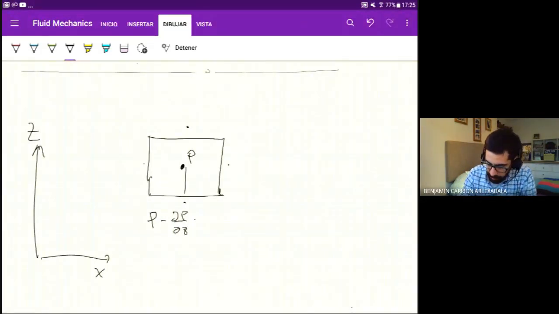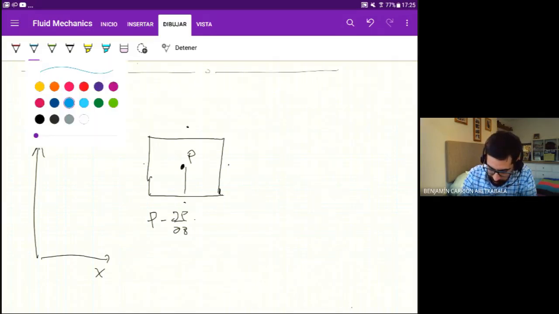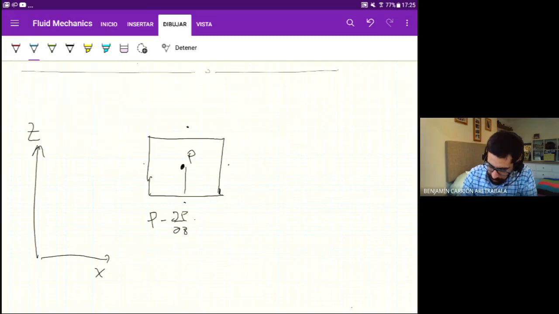Okay, and let's assume this volume has dimensions. I'm going to write this down here. This is delta x, delta z, and this distance is delta x, right? And this is delta z.